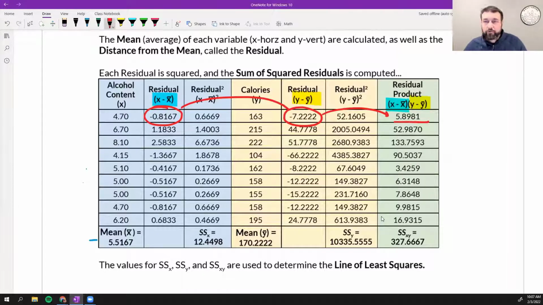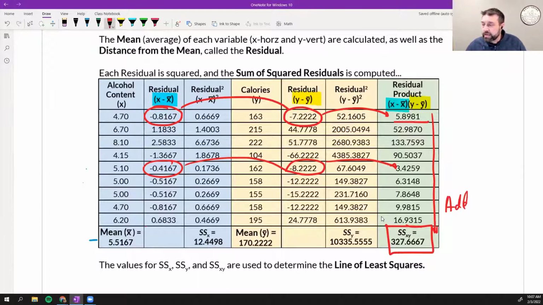You're going to do that for each row. And then you're going to add these all up. And that is the sum of the products of the residuals. So we've essentially given you 5 new pieces of data.